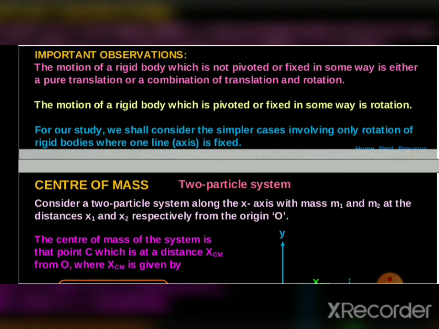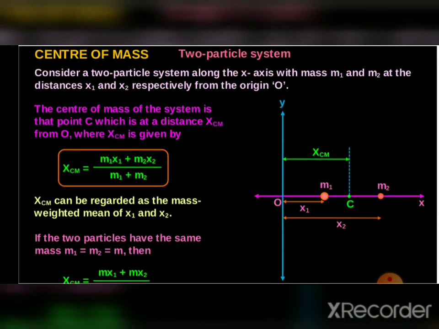So in some cases it is a combination of both translation and rotational motion. In further study, we will consider a simple case involving only the rotation of rigid bodies where one axis is fixed. For example, see, if you want to find the center of mass of a body, how can you find it?